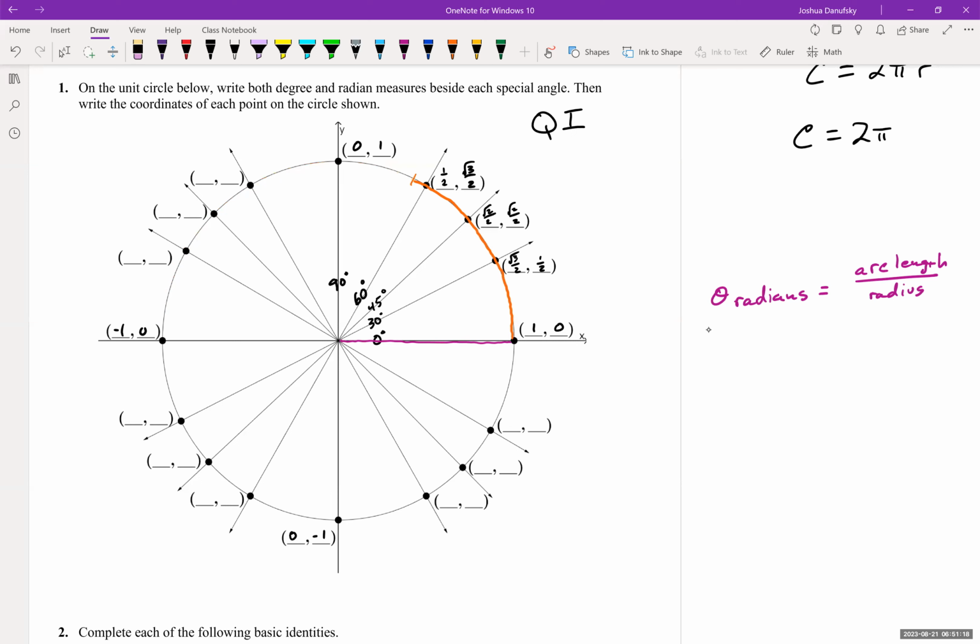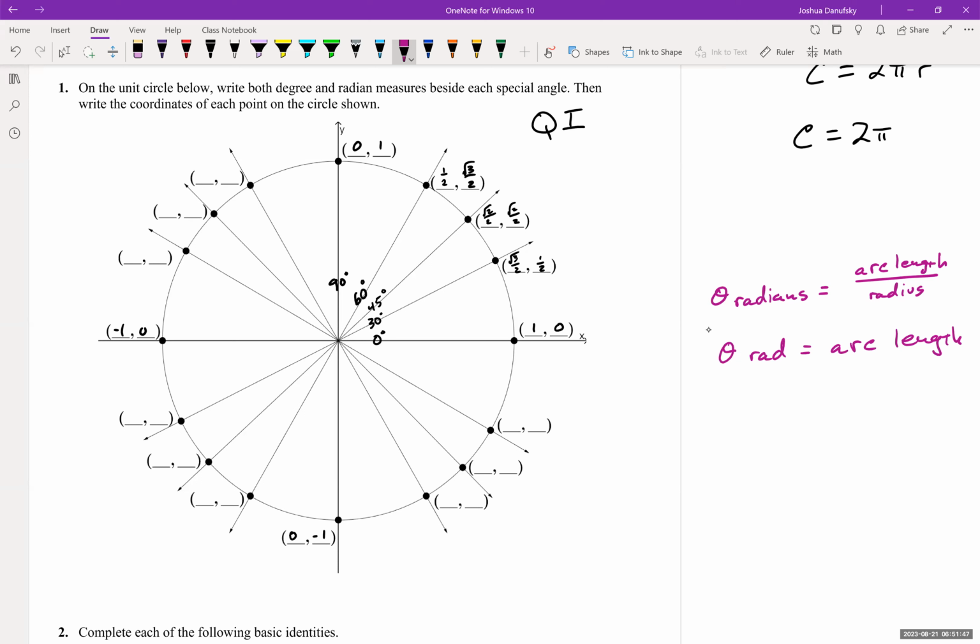Now, that means all we really need to do to find radians is take the arc length and divide it by the radius. But as we know, we have the unit circle here, so the radius is 1. So theta in radians is simply equal to the arc length, the part of the circle that the angle opens up to, okay?